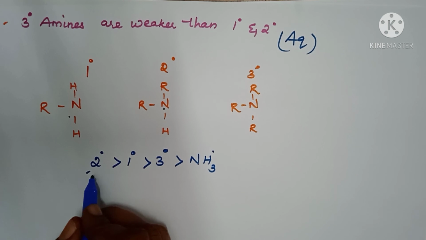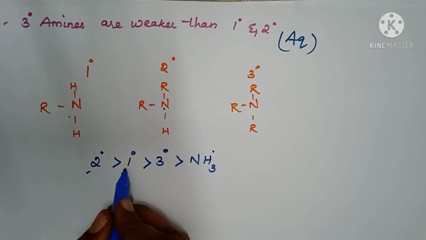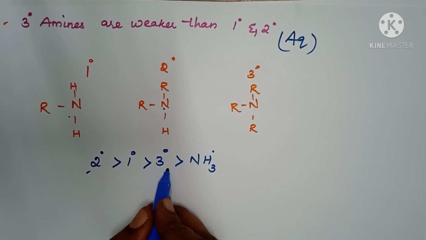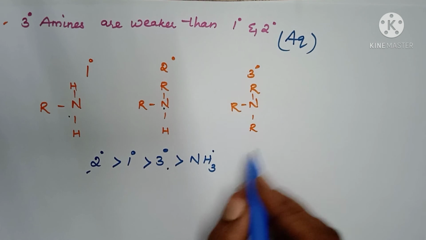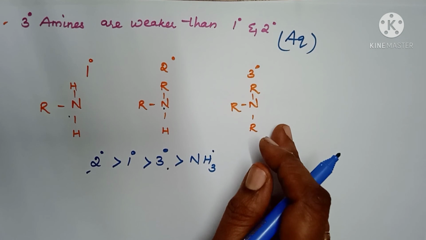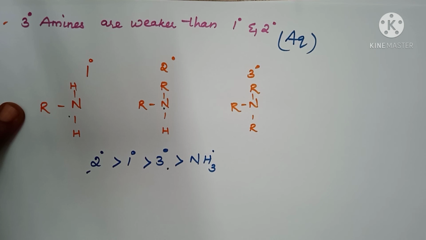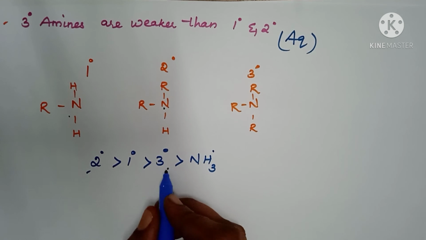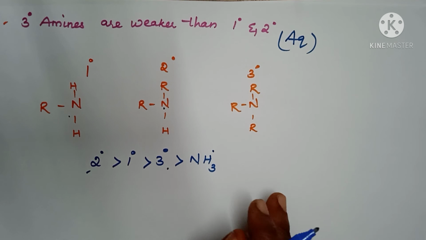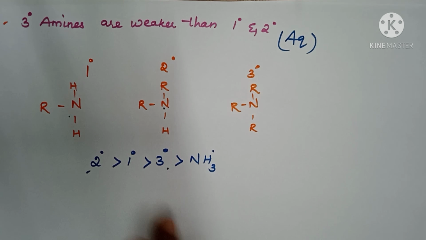So naturally secondary amine is stronger than primary, and then tertiary amine because it is a bulky group. More alkyl groups is also not good, and fewer alkyl groups is also not good. Hope you remember this. Next one, ammonia, it is comparatively very less.